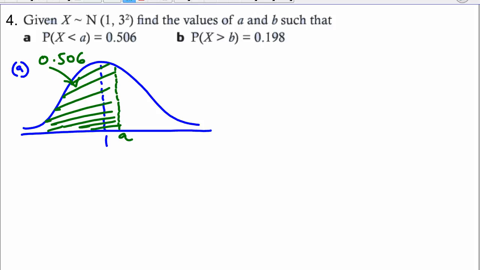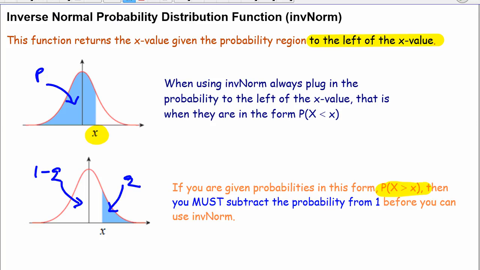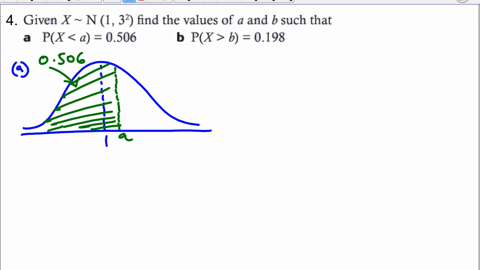Remember, the probabilities here represent the area under the curve. Now that I have this, and this meets the conditions that I set here, I can go ahead and use my inbuilt inverse normal distribution to find the value of A.